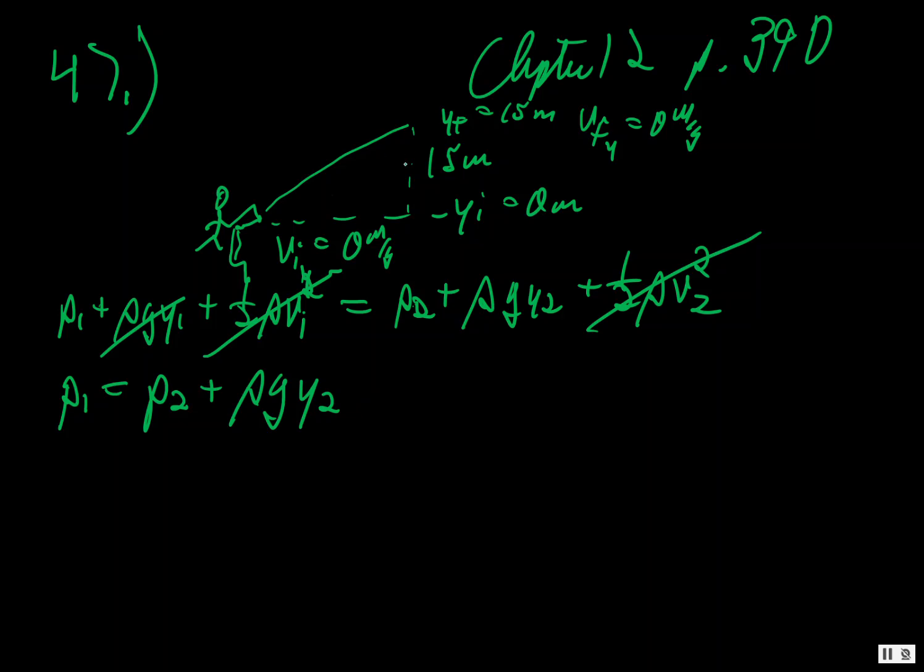Because remember, y'all, we're talking about the y direction. I know I keep saying that, but I want you to get it. Now I got to do a little tweaking here, because we've got to find gauge pressure. Now remember what gauge pressure is.